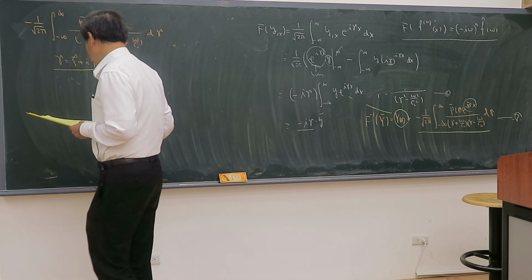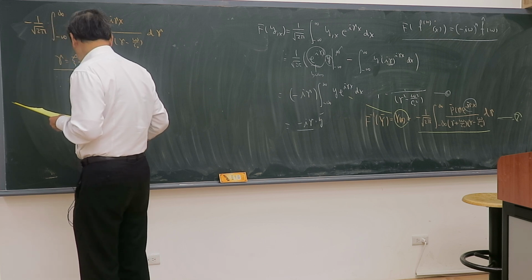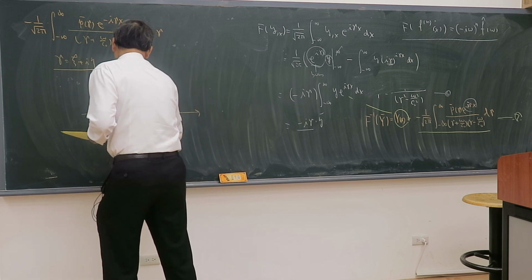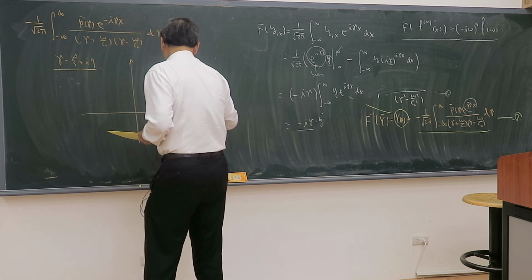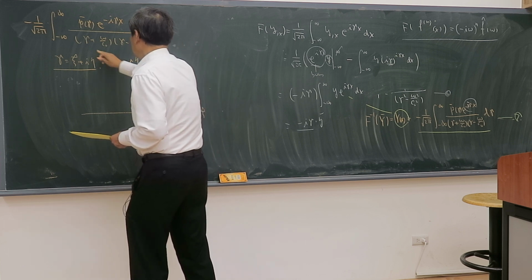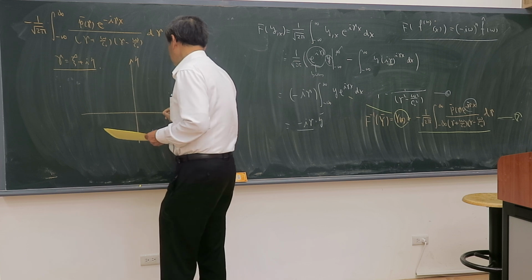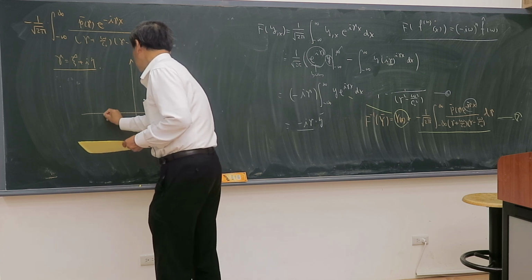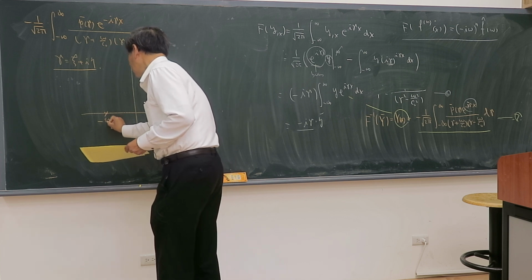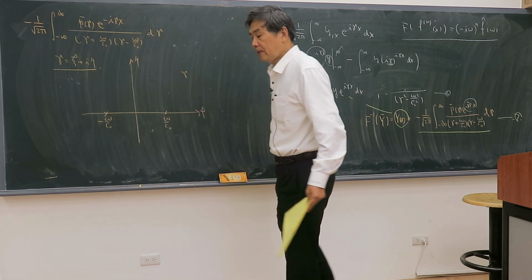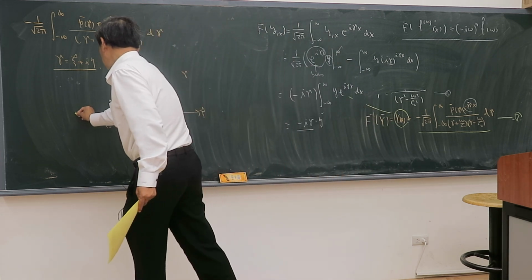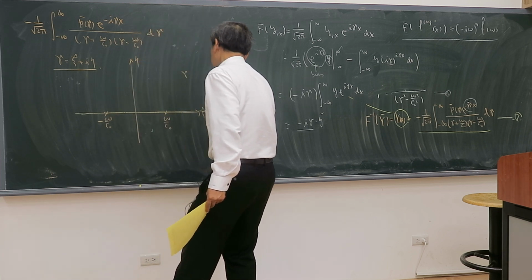So if I want to use residue theory, I have to do the integration on this plane. So this is the gamma plane. This is xi, eta. And these two values are two real values. So these are two singular points, omega over c0 and minus omega over c0. Okay. So our integration is mainly on this real axis.